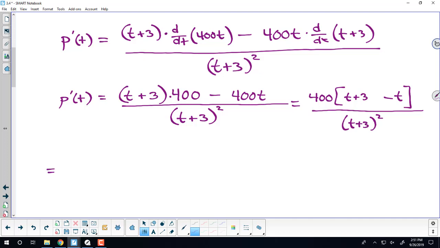So the top is just 400 times 3. We have 1200 over t plus 3 squared for p prime.